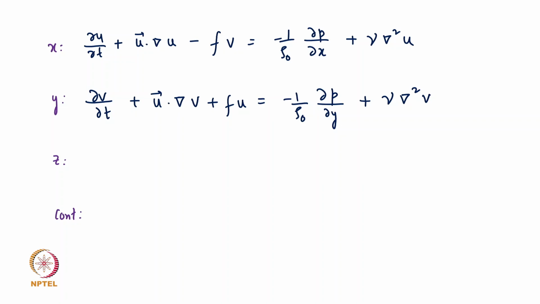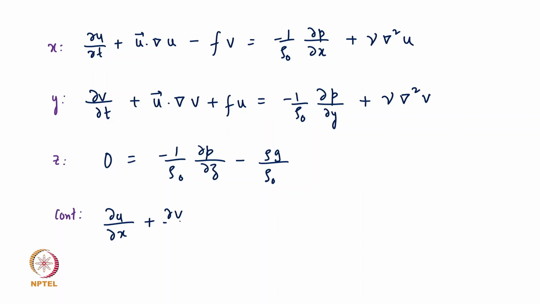This is the y momentum equation. The z momentum equation is minus 1 by rho naught del p del z minus rho g by rho naught, and the continuity equation, del u del x plus del v del y plus del w del z is equal to 0.